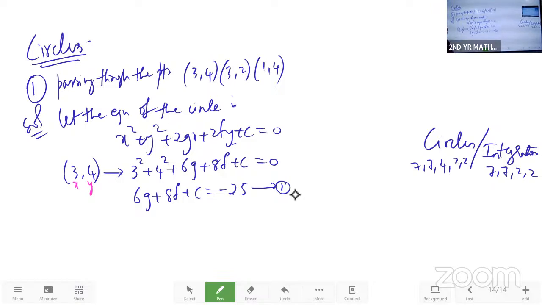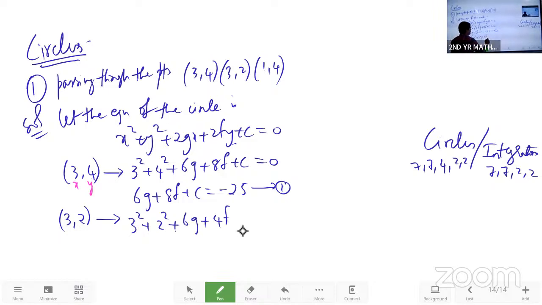Is it clear? Next, second point. What is your second point? Here we are going to substitute (3, 2). 3 square plus 2 square. Instead of x you put 3, 3 2s are again 6g, plus 4f plus c equal to 0. That is nothing but 6g plus 4f plus c equal to minus, 3 square is 9, 2 square is 4, 9 plus 4, 13.